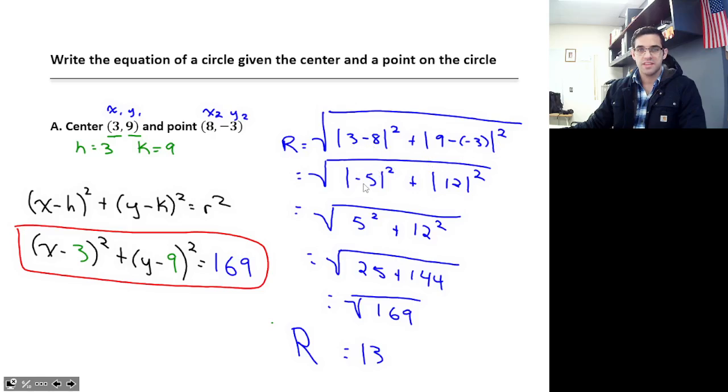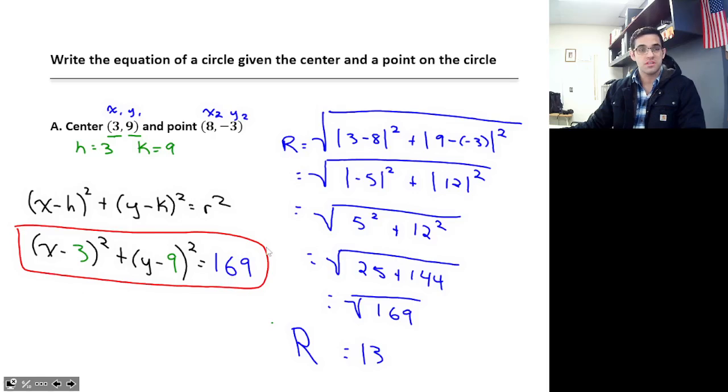So 3 minus 8 is negative 5, 9 minus negative 3 is 12. The absolute value of negative 5 squared is 25, and the absolute value of 12 squared is 144. Add those together, 169, and the square root of 169 is 13. So the radius is 13, or radius squared would put us back to 169.